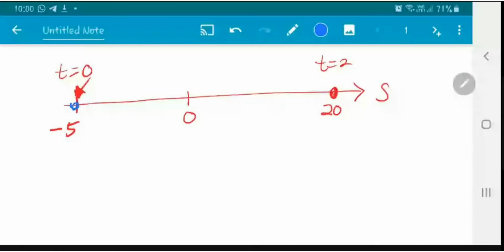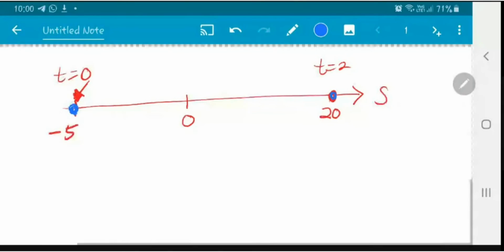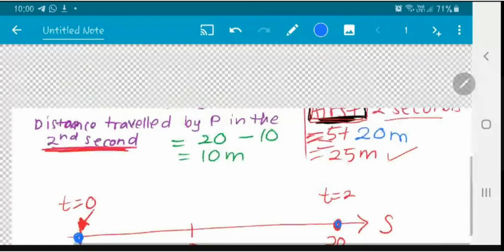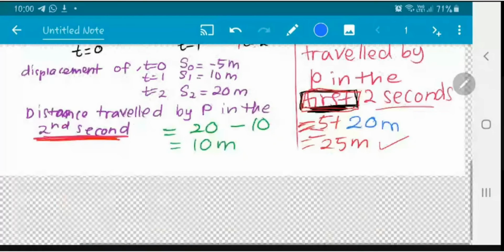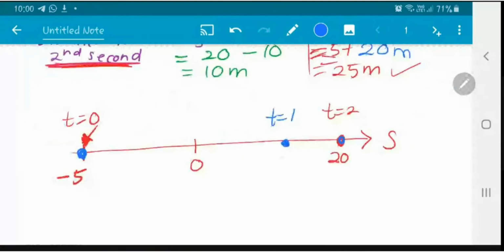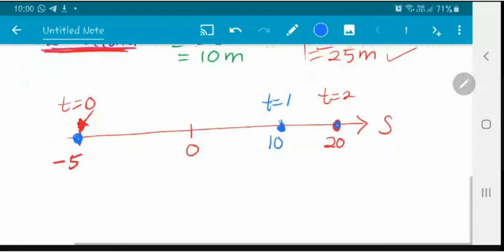Kalau soalan tanya t equals 1 tadi adalah 10 meter. Kat sini t equals to 1. Sini 10 meter.